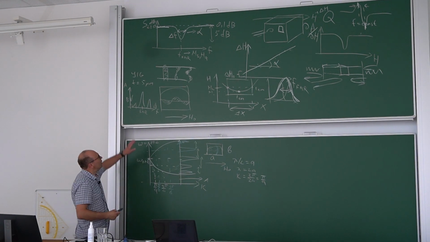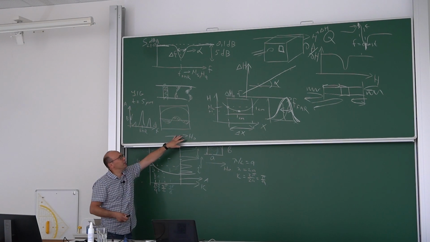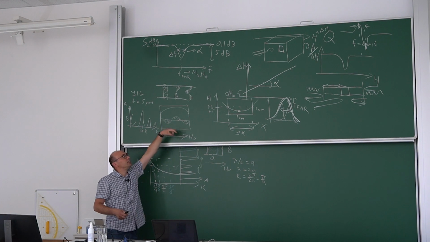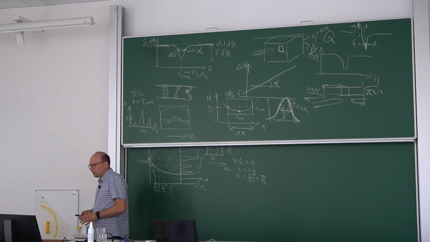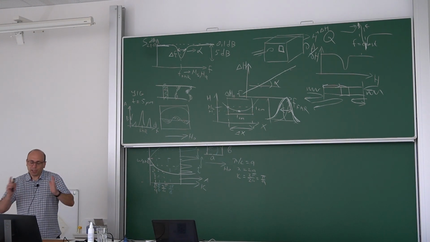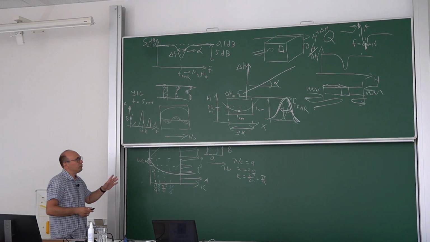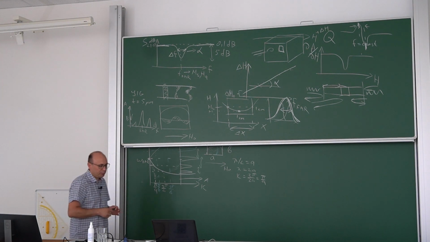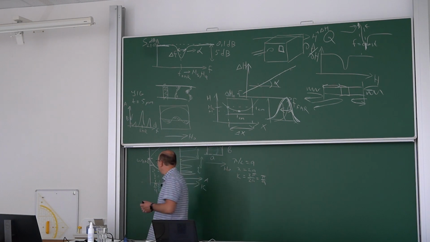Because if you have one mode which takes all your sample, even if the field here and here is different, this mode most likely will create a special configuration, so it will not be very nice, but its line width will be the same. So the line width won't increase. Therefore, be careful. Just check if there really will be broadening of the line width in your case or not.